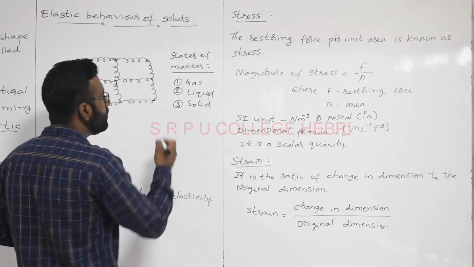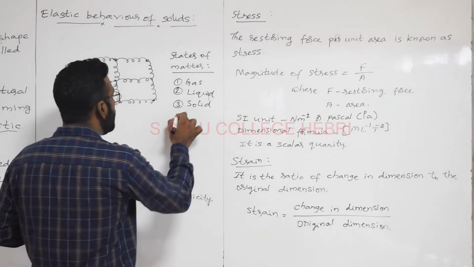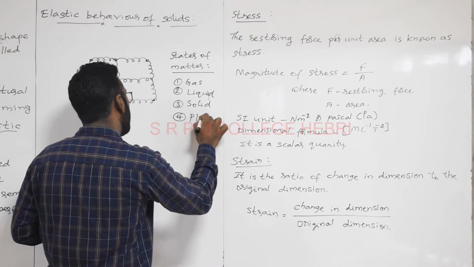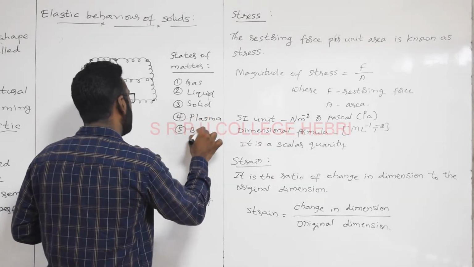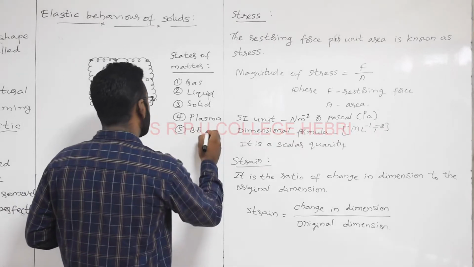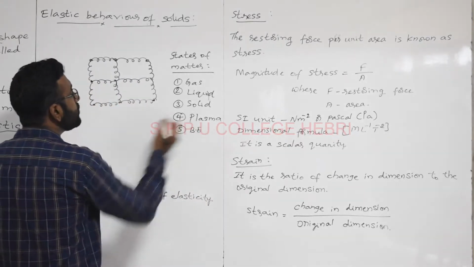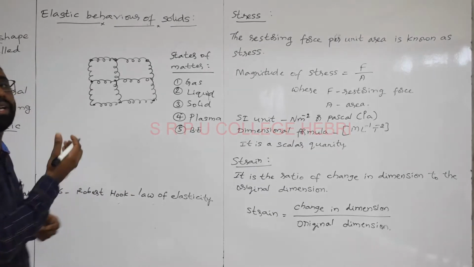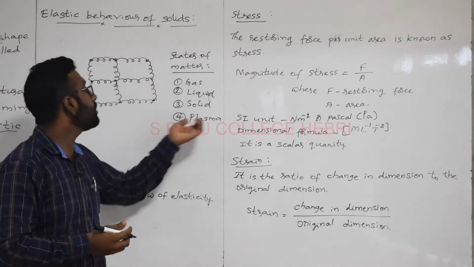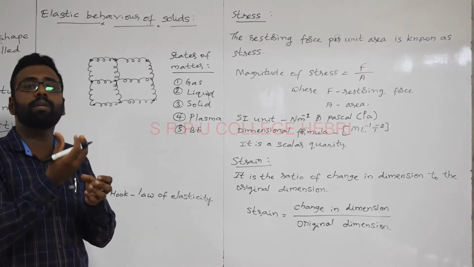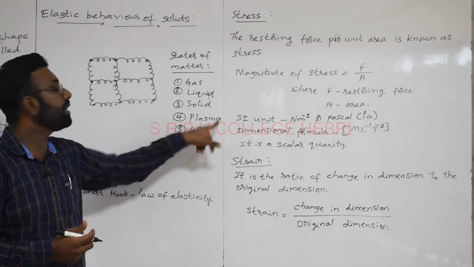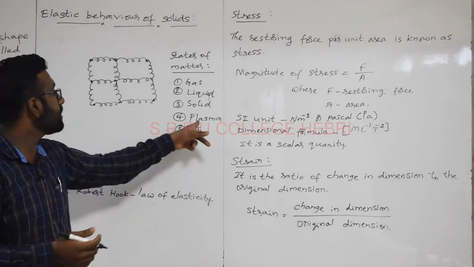There are two more which you don't usually come across: one is plasma, and another one is Bose-Einstein condensate. Plasma is observed at very high temperature, where you have a lot of gas ions. When you heat the gas to very high temperature, you have a conducting medium. That is nothing but plasma.